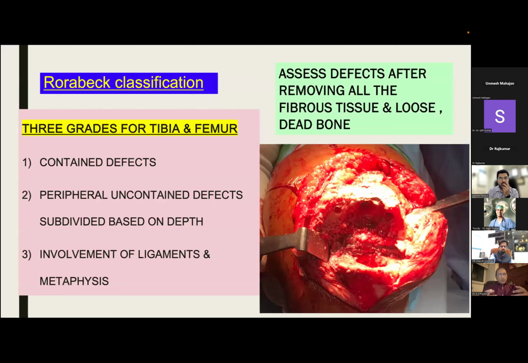The defects on both femoral side and the tibial side have been divided into 3 groups, and the grades are: 1, contained defects, the easiest to handle; the peripheral uncontained defects, which are again divided into stages depending upon the depth of the defect; and involvement of the ligaments and metaphyses, where it will be requiring a hinge anyway. So these are the 3 groups for revision. There are so many sub-classifications also, but this is a very good practical classification.